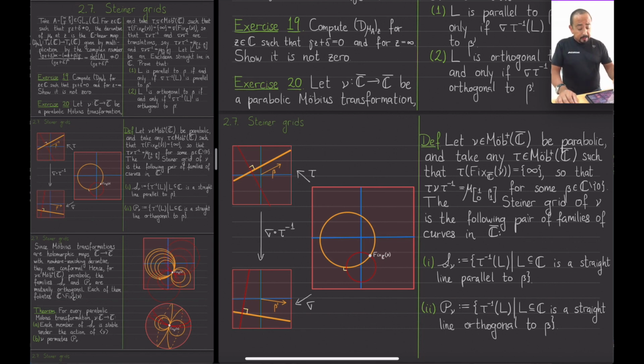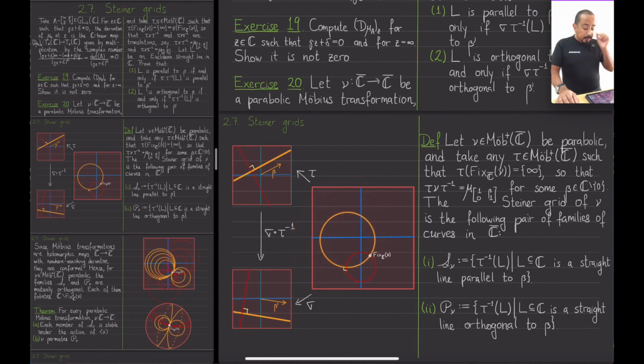Okay, and similarly, we map all the orthogonal ones, which you see they also share only the point at infinity here. So when I map them through tau inverse, they are all tangent in the fixed point of nu. And because of conformality of tau inverse, this other family of curves is orthogonal to this one.